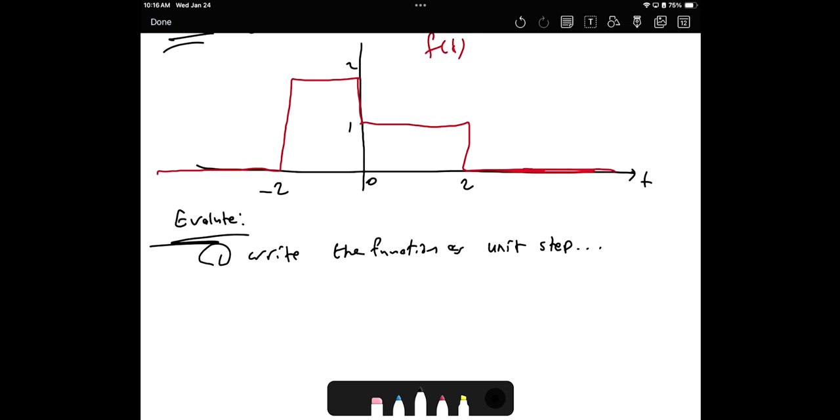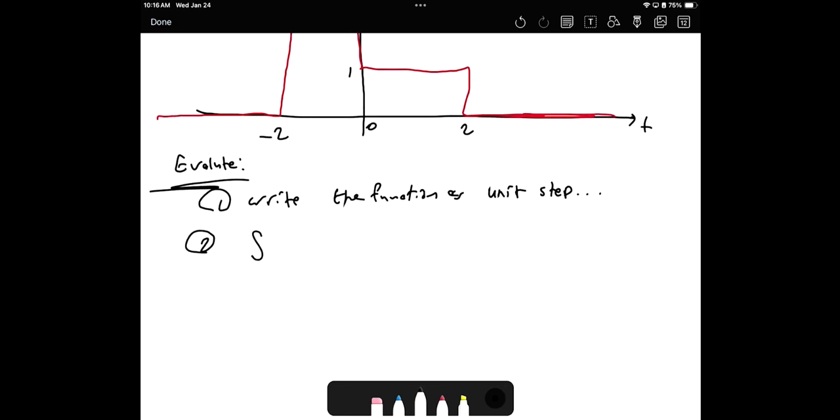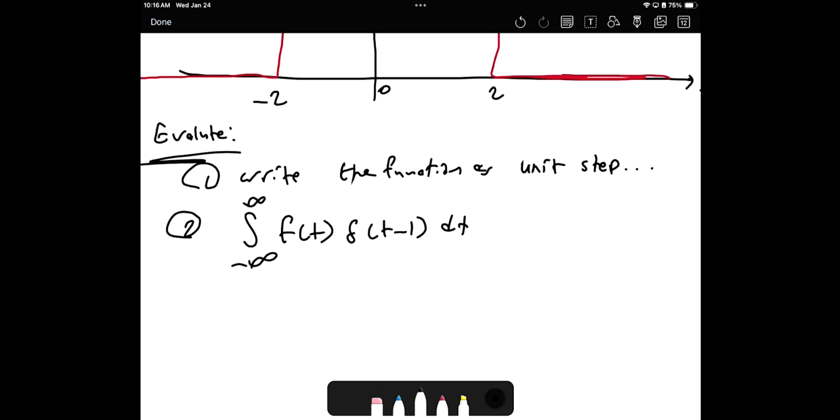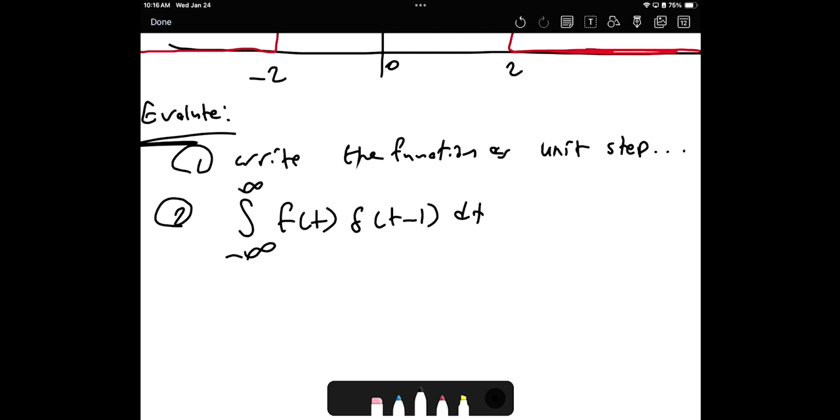Now, the other part: I need you to calculate the integral between negative infinity to infinity of f of t delta t minus 1 dt. How to calculate this? The first thing is get rid of delta, then you can do the integral.